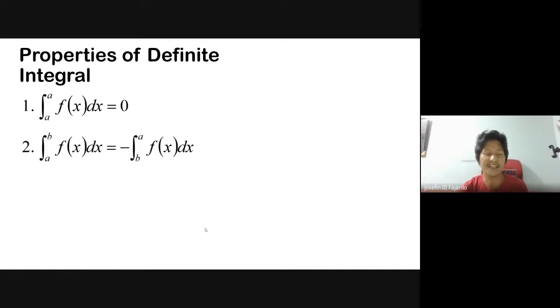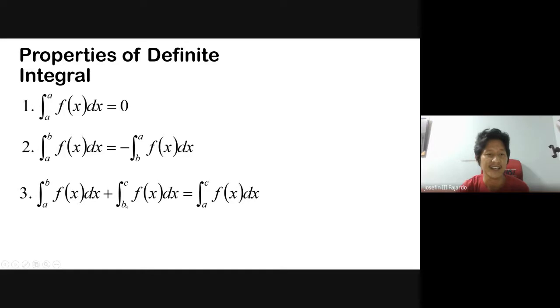If we exchange the lower and upper, notice it will just be the negative of each other. Kasi if we replace the lower and upper limits, mangyayari, we just have to negate the integral. Okay, so pag pinagpalit natin yung lower and upper bounds natin.